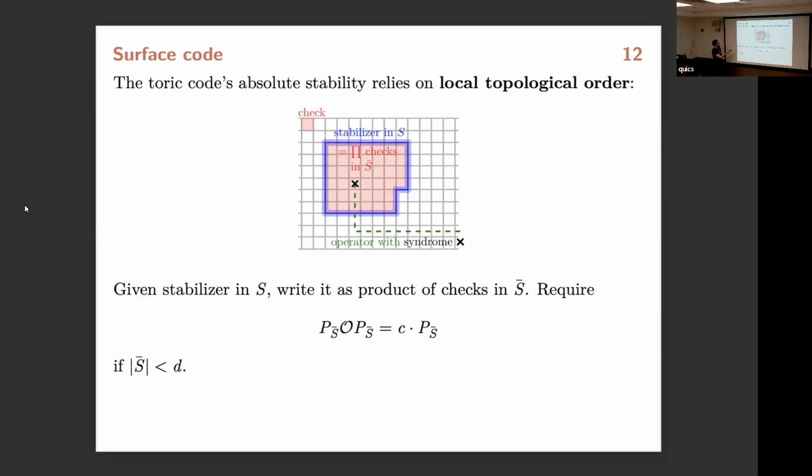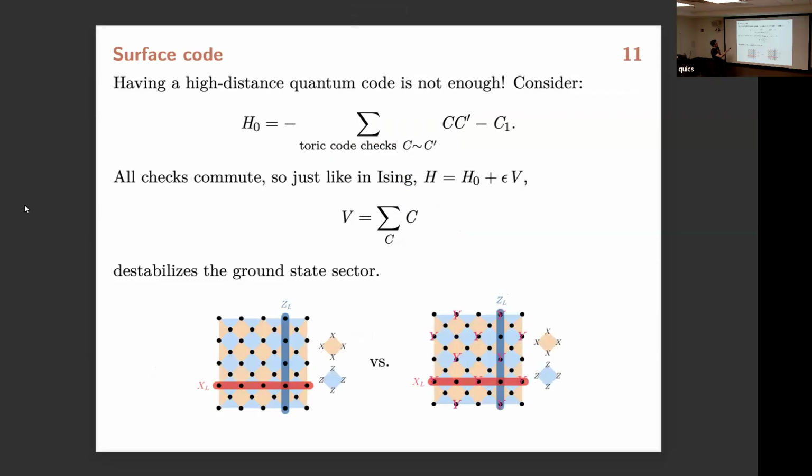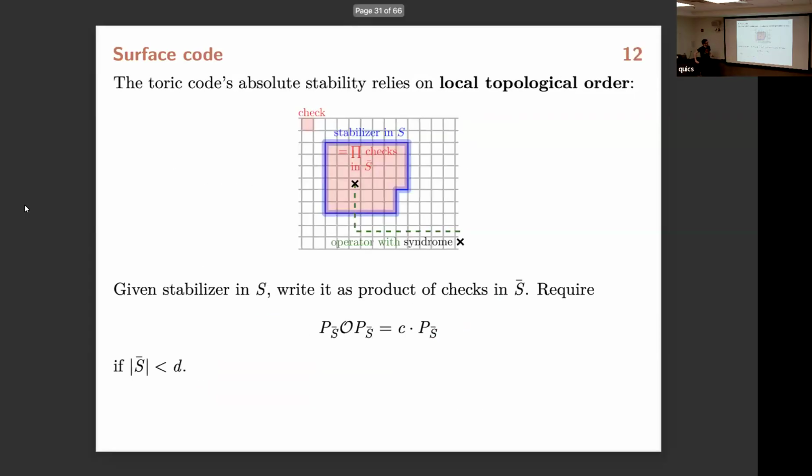One way to say it would be that with this Hamiltonian, if I just look at a region that's away from this check C1, it really looks like I have four logical sectors, a code space of dimension 4. I have these two states, but I also have these two states. So locally, I can't tell whether these states on the left or these states on the right are preferred. I need some global knowledge. And that's why we would say that it doesn't have local topological order.